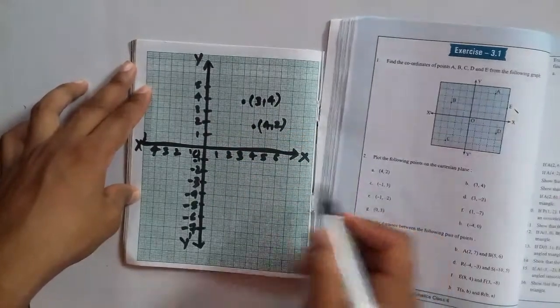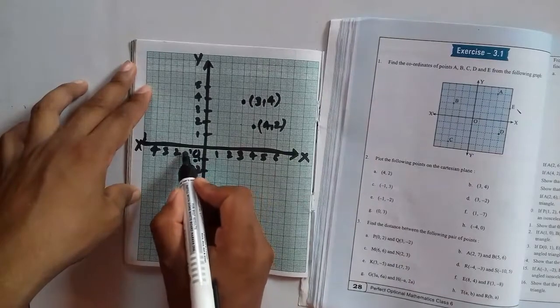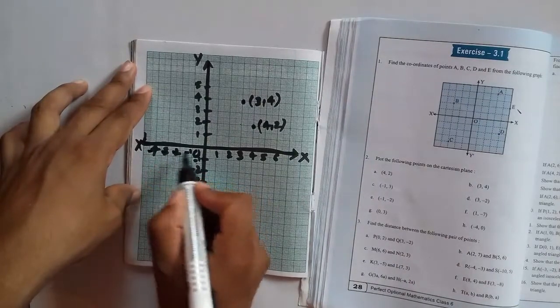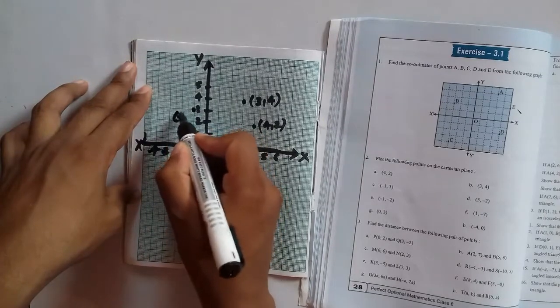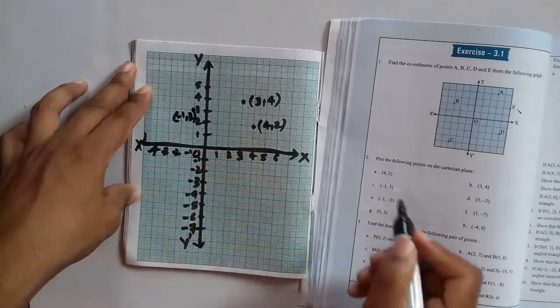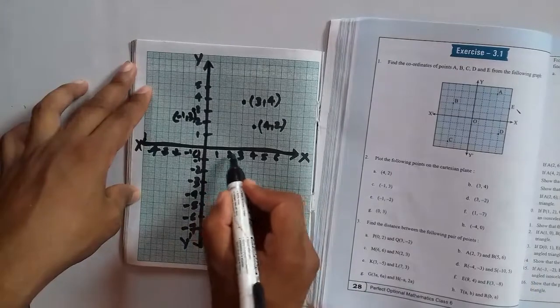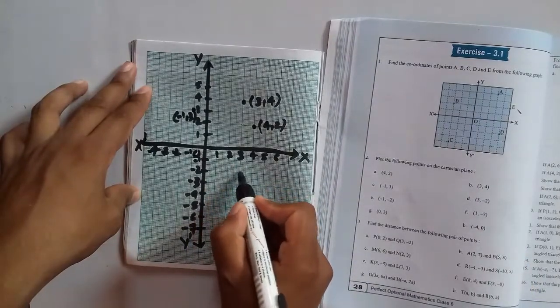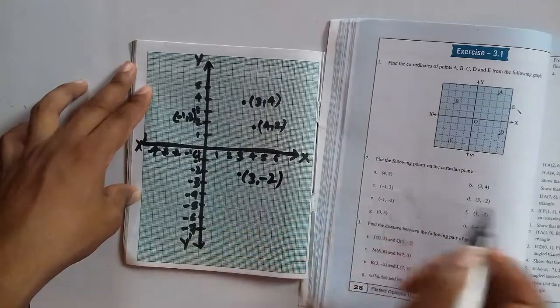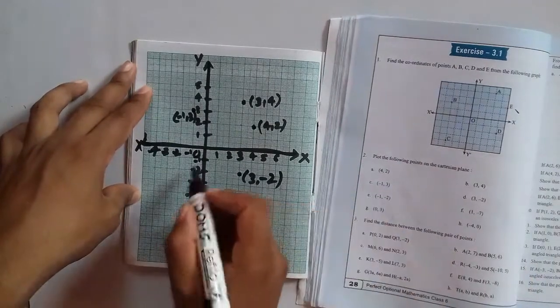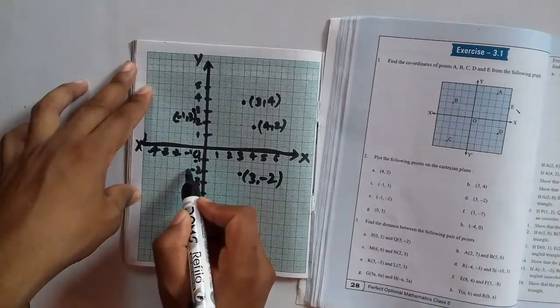For -1, 3, minus, this is minus all, -1, then 1 2 3. This is -1, 3. Then 3, -2: 1 2 3, 1 2. This is 3, -2.